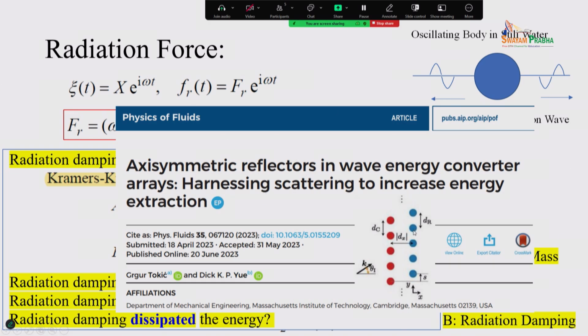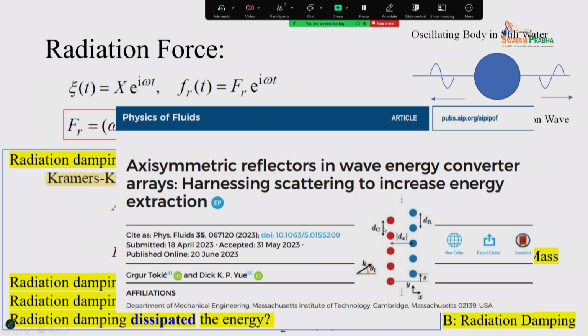Basically, you put buoys in an array in the water, right? And if you place the buoy distance right, and the wave angle and the wave number are right, then you can get much more energy than individual buoys, right?